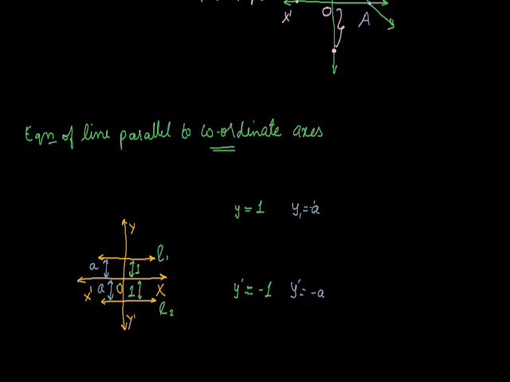Now the sign for a depends on how the line is positioned on the coordinate plane. If the line is at a distance of a units above our x-axis, then we shall get y equal to a, and if the line is parallel to x-axis and below it at distance a, then we shall get the equation of the line L2 as y equal to -a.